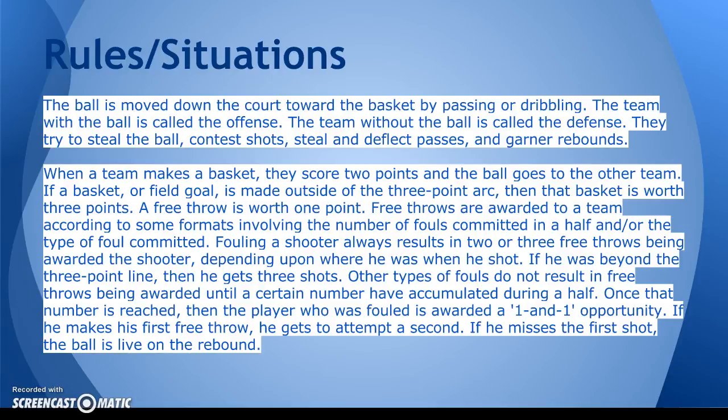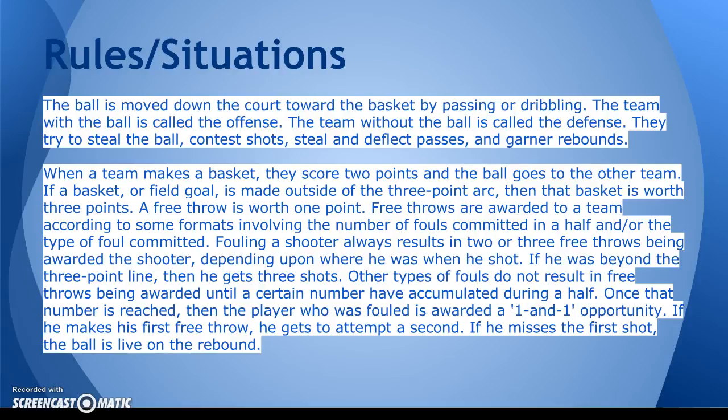Free throws are awarded to a team according to some formats involving the number of fouls committed in a half and/or the type of foul committed. Fouling a shooter always results in 2 or 3 free throws being awarded to the shooter, depending upon where he was when he shot the ball. If he was beyond the 3-point line, then he gets 3 shots.